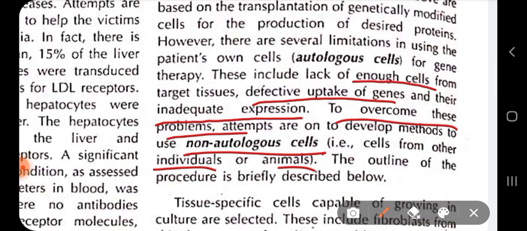We prepare a human artificial chromosome, introduce our desirable gene, and then it is targeted to the patient. So from non-autologous cells, we can introduce our desirable gene to be expressed, and then it is incorporated into the target tissues of the patient.